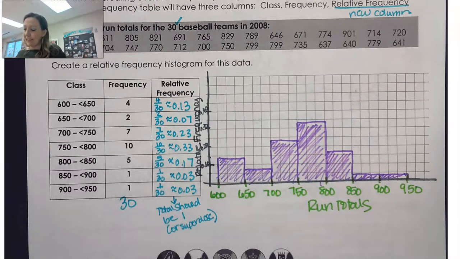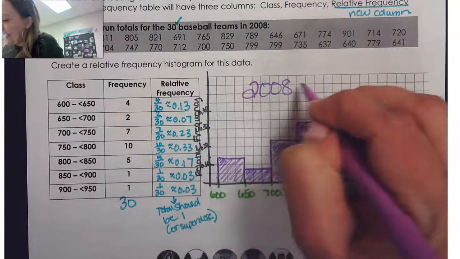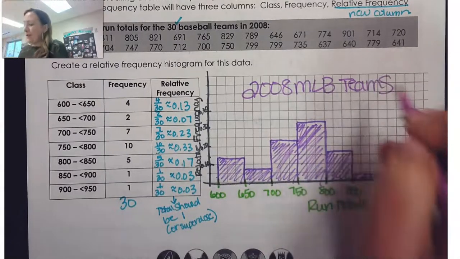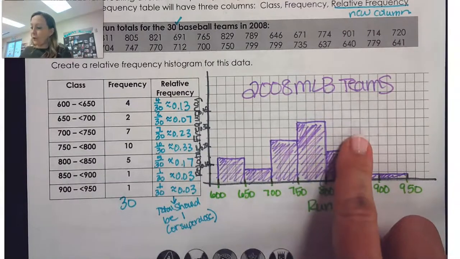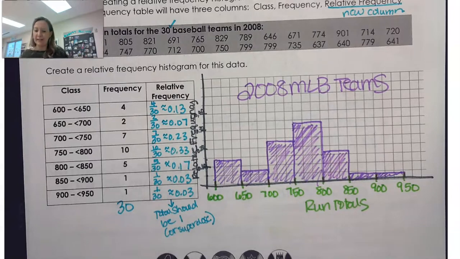Only thing we are missing is a title. And again, we can say that this is the 2008 MLB teams. And I don't need to put that it's the MLB run totals because I did such a nice job of labeling our axis here. Okay. And I think that does it.